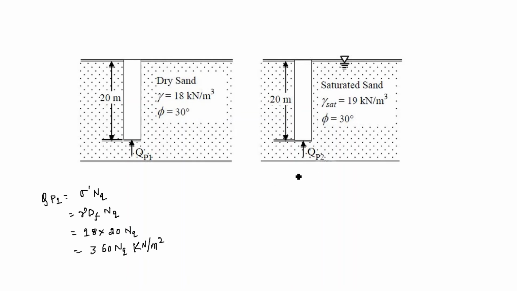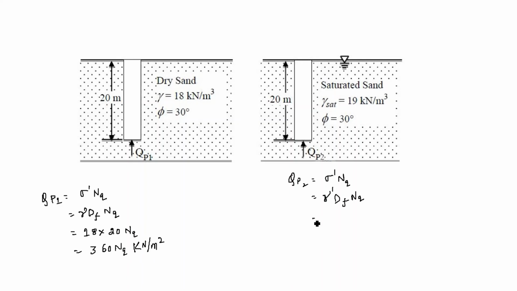Now for the second condition, Qp2, again the formula will be sigma dash Nq, but here the soil is saturated sand. So sigma dash, the effective stress, can be written as gamma submerged into Df, into Nq. Since Nq is the same for both conditions, I am writing Nq only.